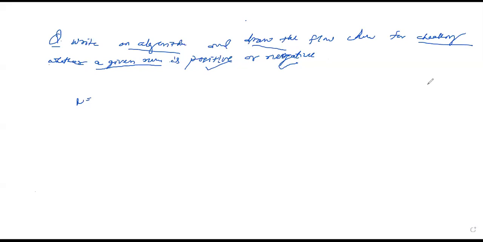How can I write the algorithm? Shall I draw the flowchart first or write the algorithm first? Diagrammatical representation is the easiest way, isn't it? So first we are making the flow chart.